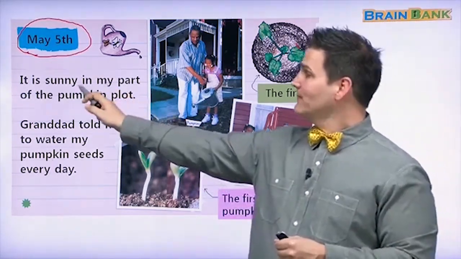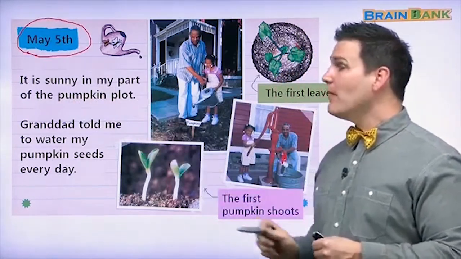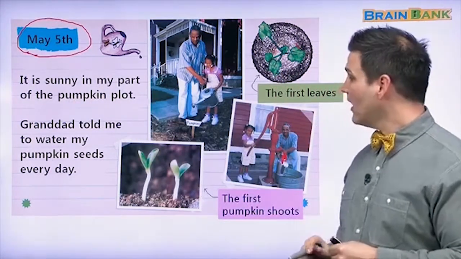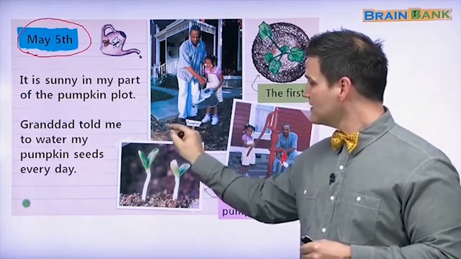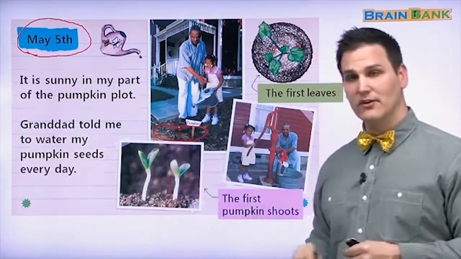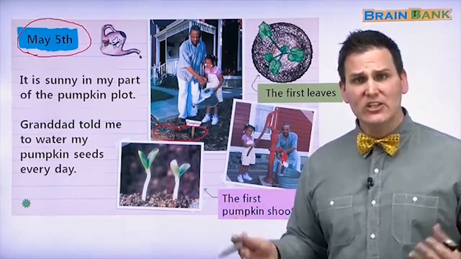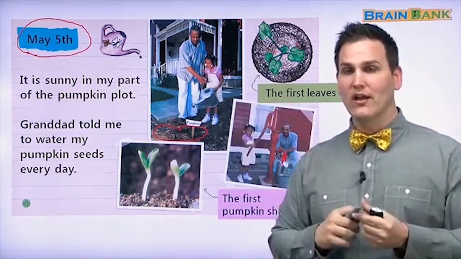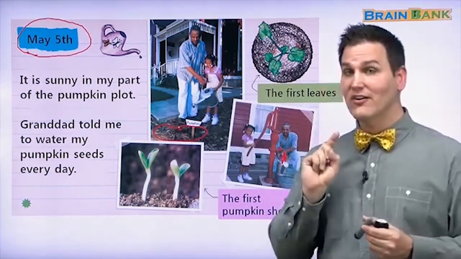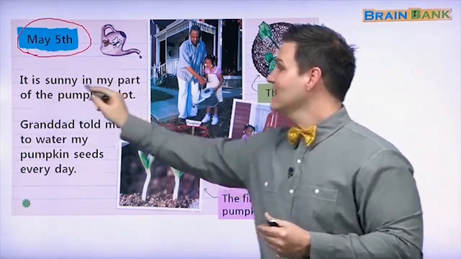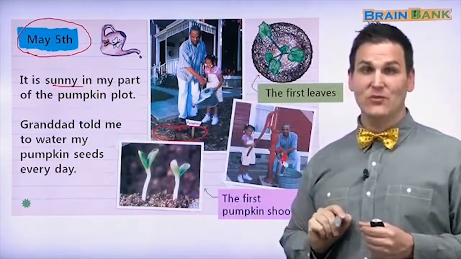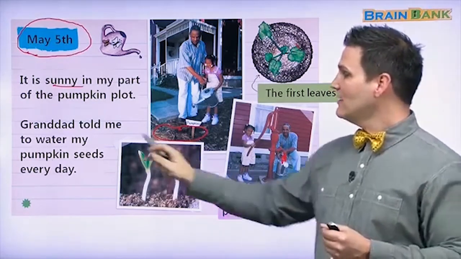Let's read. It is sunny in my part of the pumpkin plot. You can see the sun shining down here. What do these seeds need to grow? They need water and they need sun.